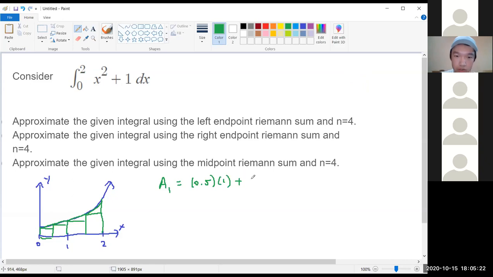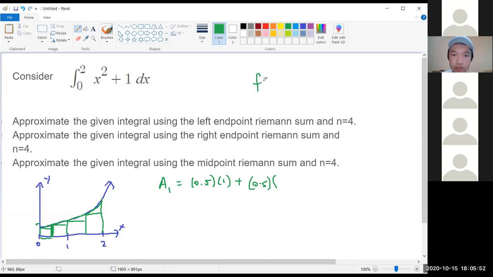All rectangles are the same width, 0.5, because they're equally spaced. And this one here has this height, which is f of 0.5, right?